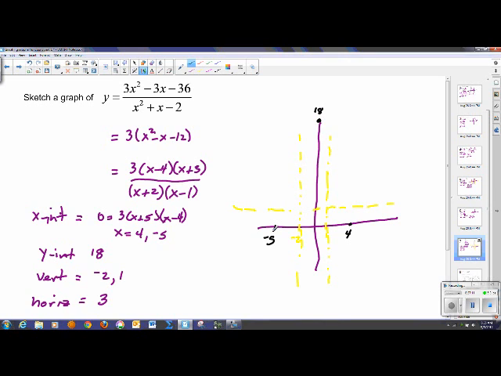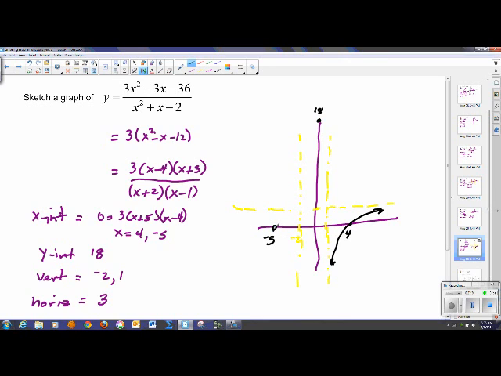And from here, I think I can graph the whole function. Notice, I must go through this point, and I must approach this horizontal asymptote and this vertical asymptote. So this has got to go down. I think this is going to be the easiest problem we've done other than the factoring. The same is true of this side.